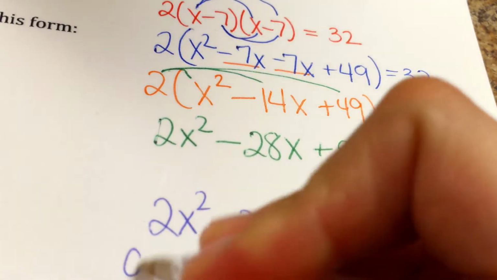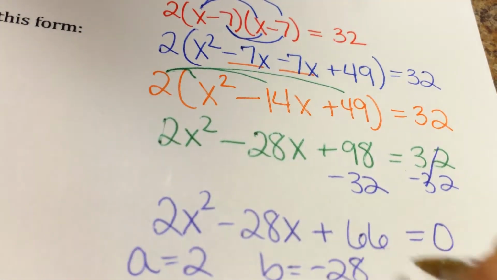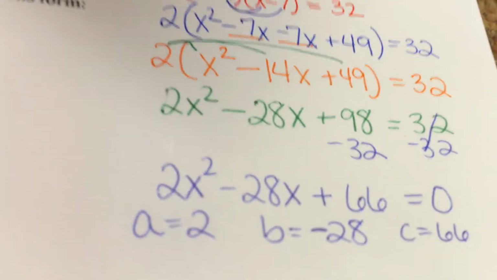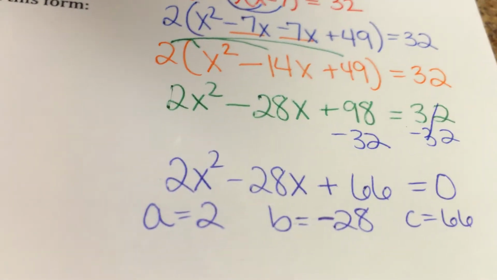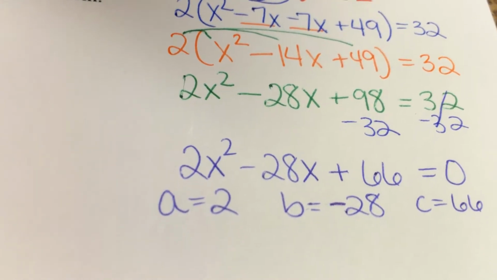Now from here I have a equals 2, b equals negative 28, and c equals 66 because I already have it in standard form. I have a, b, c, and then the number equals 0. So now from here we can use the quadratic formula.